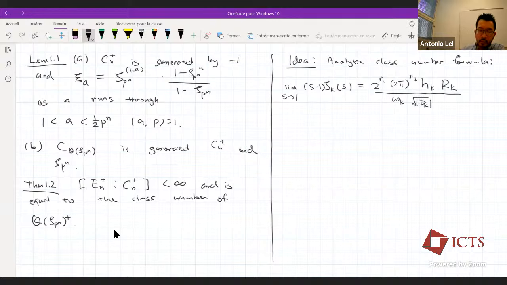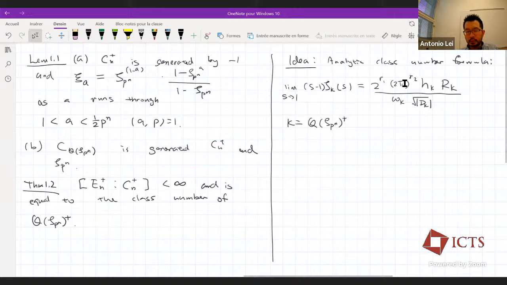In the case when K is this totally real field Q(zeta_{p^n})^+, since this is totally real, you don't have the r_2, you just have the r_1.